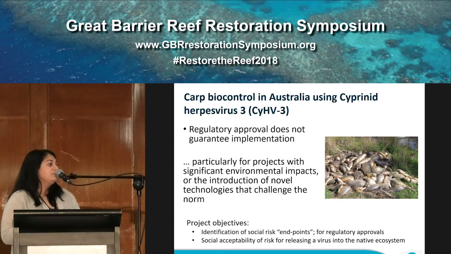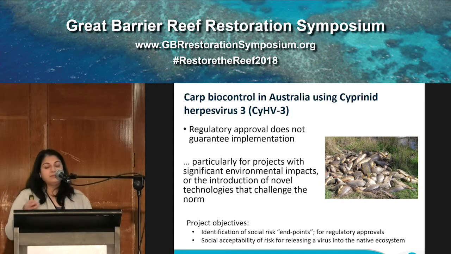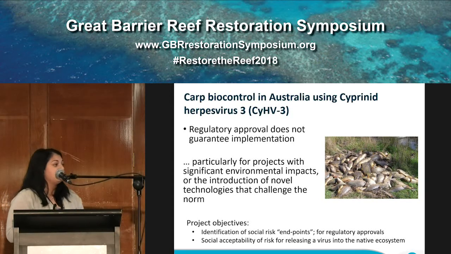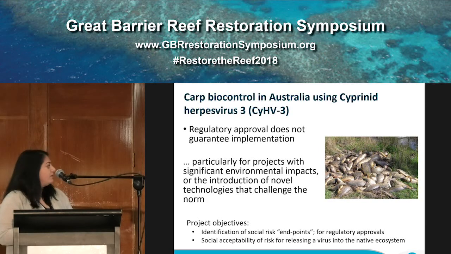Regulatory approval, though, doesn't necessarily guarantee that the virus will be implemented into waterways to control carp. That's because the public will have quite a significant role to play in that decision. That's particularly the case for environmental impacts or novel technologies that challenge the way that things have usually been done.